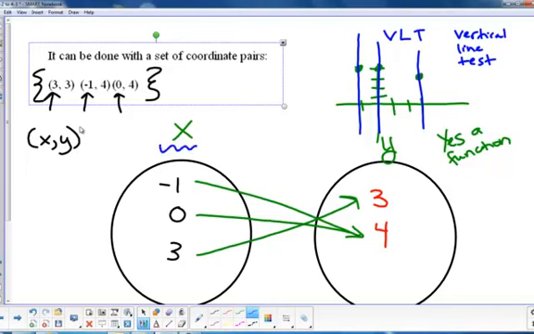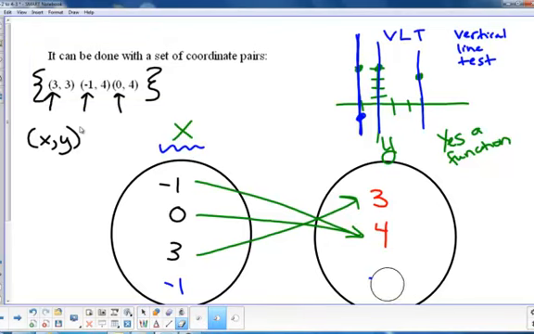If the x is written twice, that's what's going to make something line up. So if I also had the point -1, -1, I'll just add that in here. See how I'm failing this vertical line test because it's now hitting my graph more than once. Okay, I'm going to erase that because that's not what we're talking about.